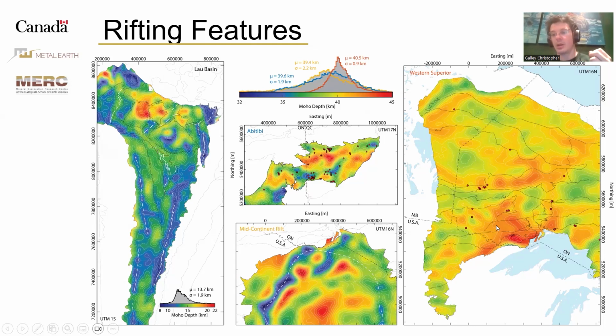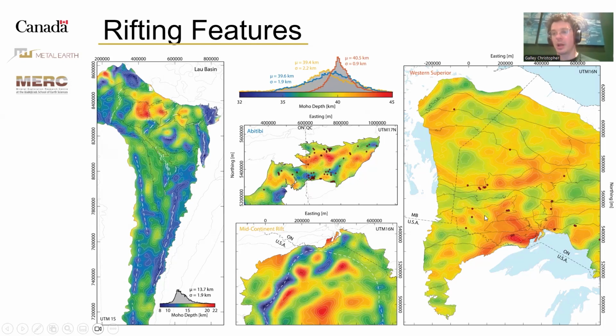And you can see this. You don't have the prominent blues. You don't have the prominent shallowing of the Moho alongside the deepening of the Moho, or the same kind of interconnected bands, potentially interconnected rift features, that we see where we know the rifts are, the Mid-Continent Rift and Lao Basin. You don't see them here.